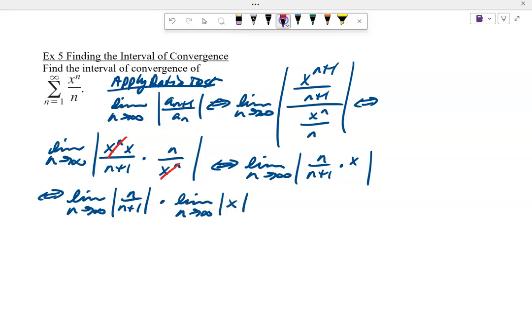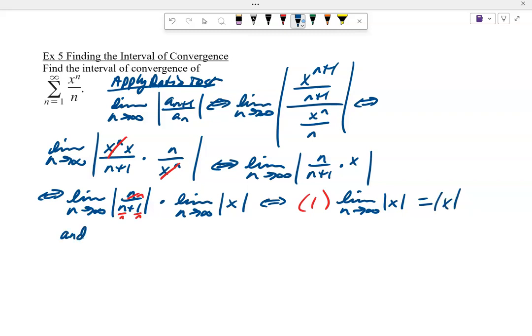Notice here, if I divide everybody by n, this will go to 1. And so we just end up with 1 times absolute value of x. So we just got the absolute value of x.